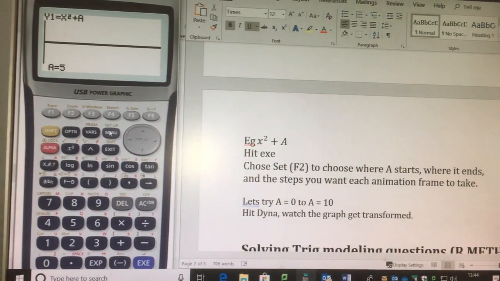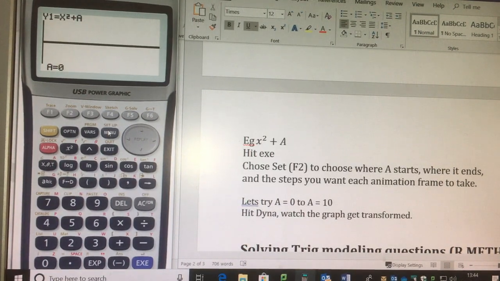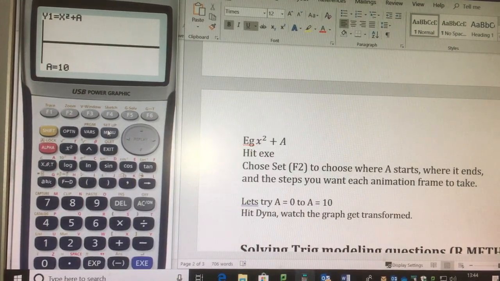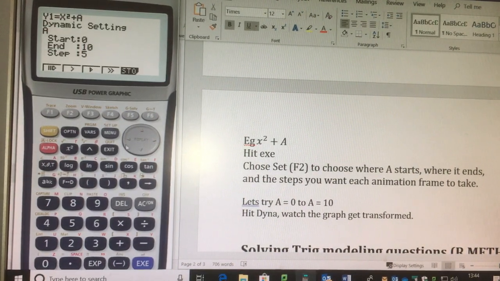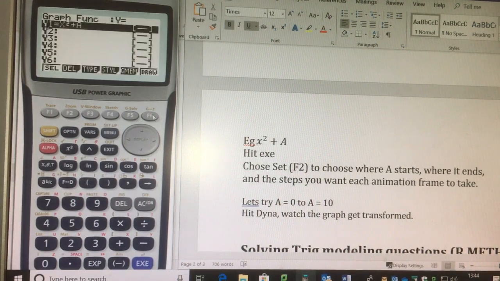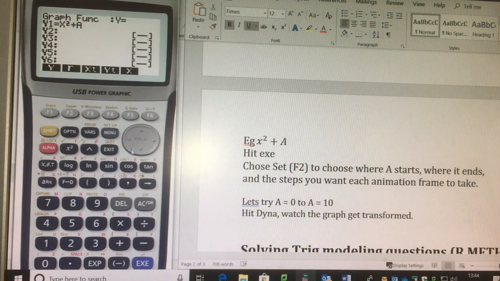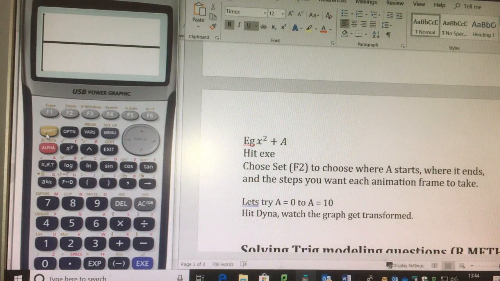So the annoying thing is this will use whatever settings you have of the last graph you plotted. So if it's not looking right, wait for it to finish doing what it's doing, or just mash the keypad. Go back to graph, plot any old graph. Yeah, you do have to wait a little while for it to chill out. So yeah, my view window is awful.